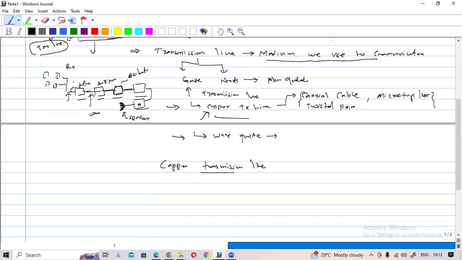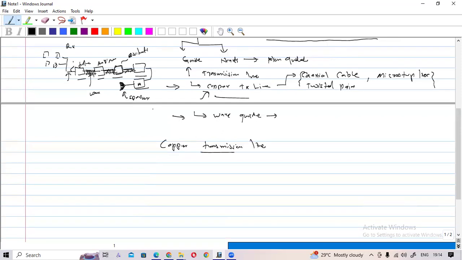But inside the phone we use copper, most probably microstrip. So these are also transmission lines. To analyze this circuit, this transmission line part is very important, so that is why we are first focusing on the transmission line.